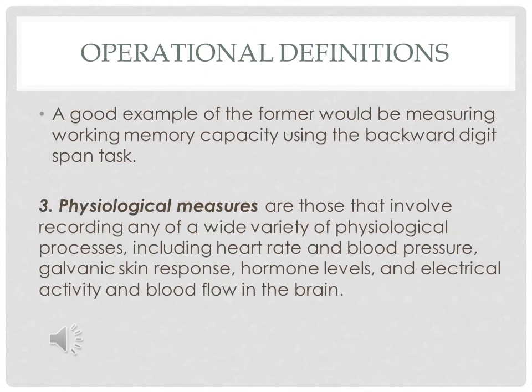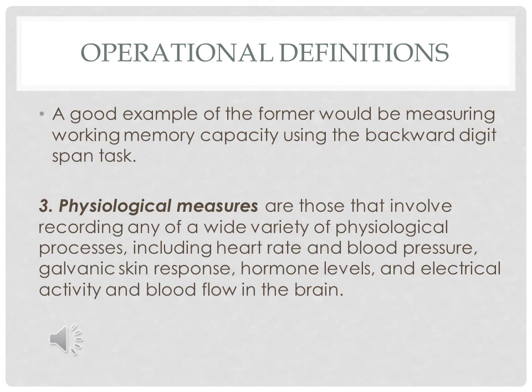A good example for behavioral measures would be measuring working memory capacity using the backward digit span task, or some immediate memory span task. So it is all related to measuring the working memory of the person. And the other operational definition is physiological measures.